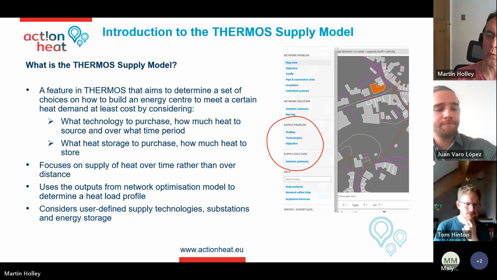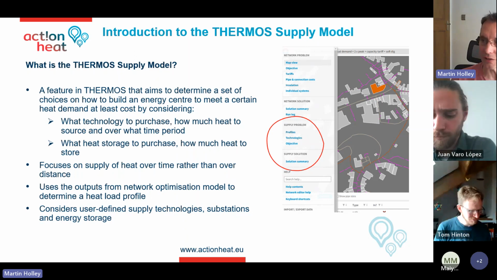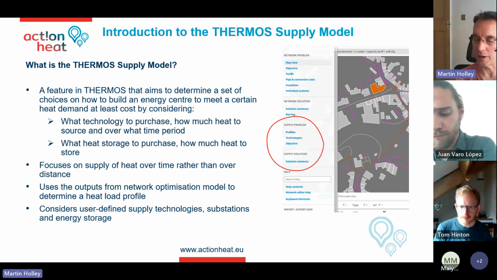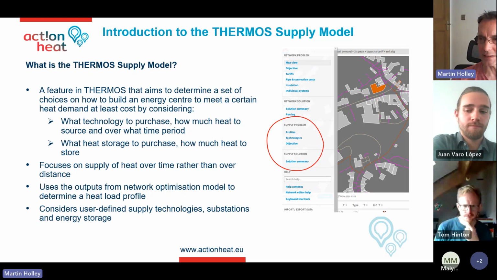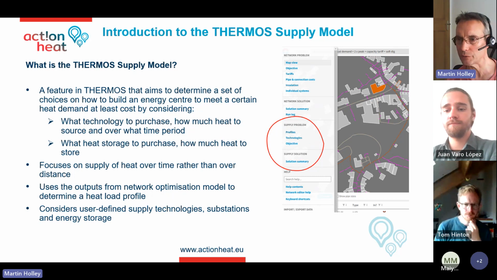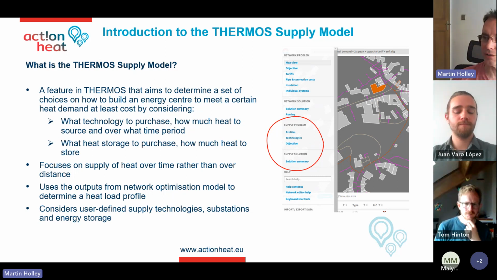So it uses the outputs from the network optimization, which are fairly basic on the supply side, and then it does some fancy work to transform that into heat load profiles for the buildings under consideration. As I said, there are supply technologies involved there, also substations where they're needed and relevant, and energy storage as well.